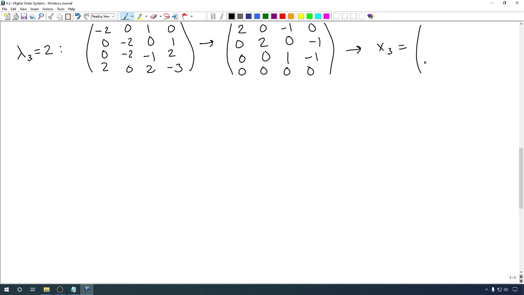We can go ahead and pick 1, or actually because we have these 2's here, let's go ahead and pick 2. But then our third variable is going to have to be the same thing, so it's going to be a 2. Our second variable is going to be a 1. And then because our third variable is 2, our first variable is also going to be 1. So we have 1, 1, 2, 2.